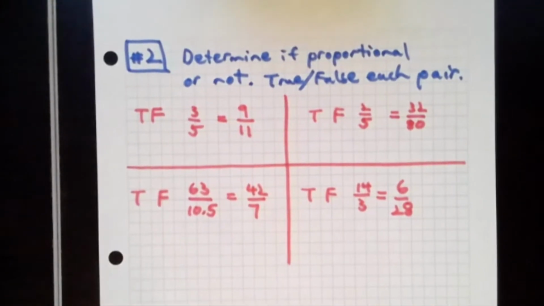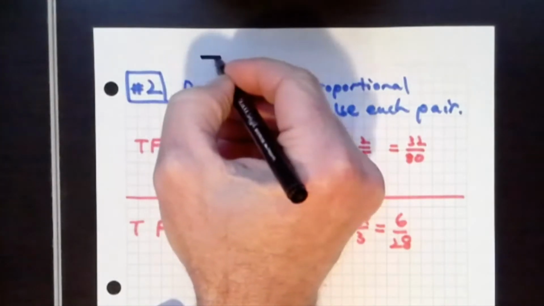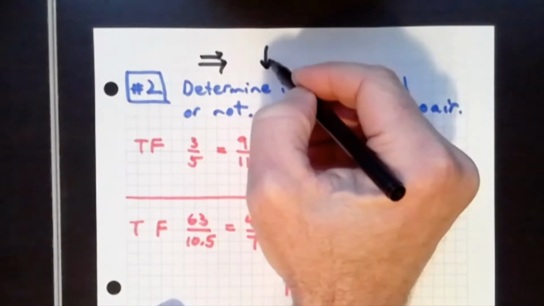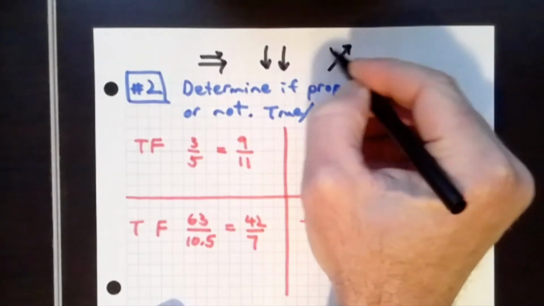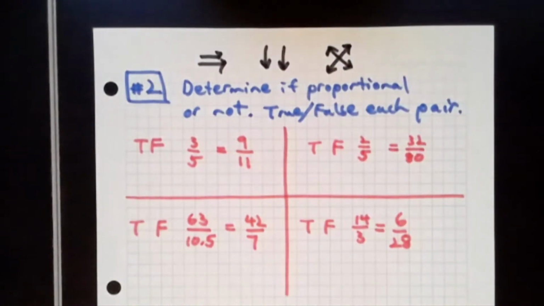So we have a number of different strategies for checking proportions. We have horizontal factors, we have vertical factors, and we have cross products. So we have three ways to check. We're just looking for what way's the obvious.